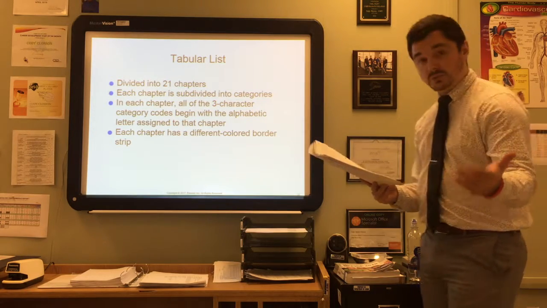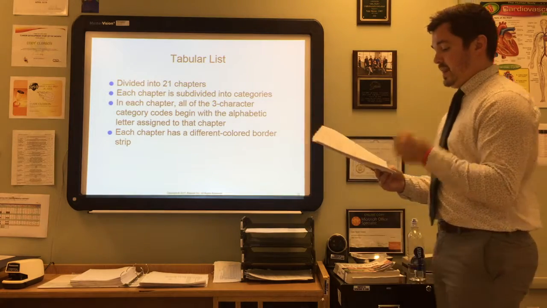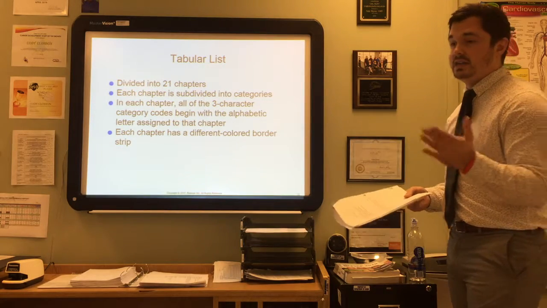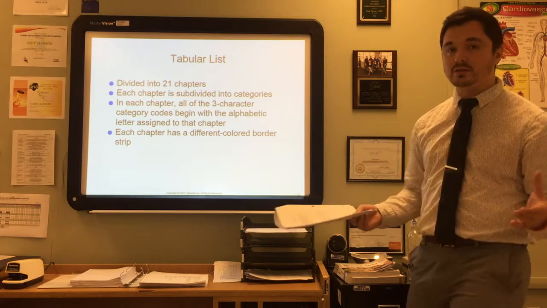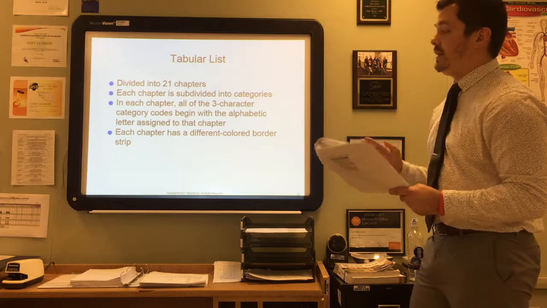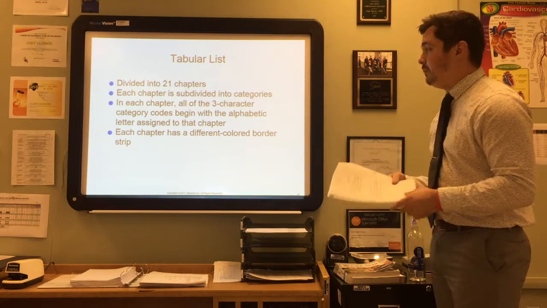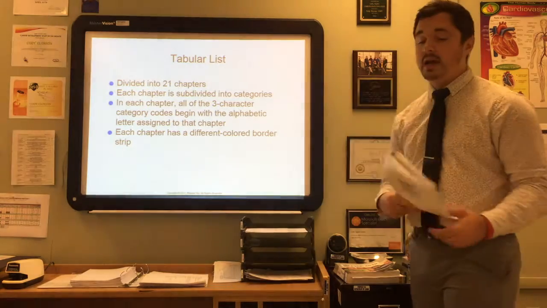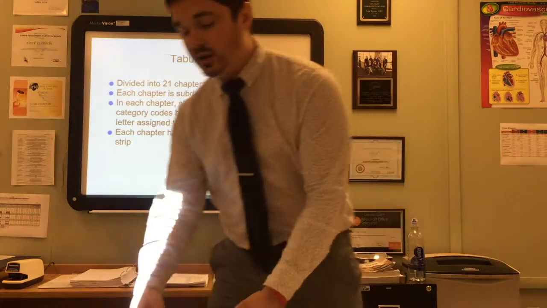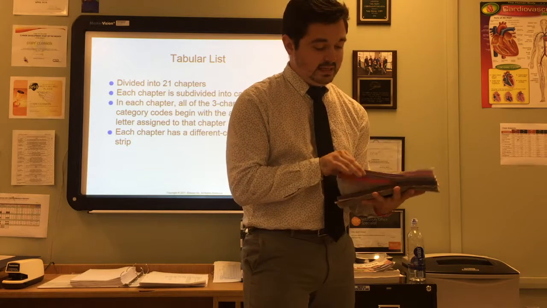If a code has more than 3 characters, however, add a decimal point after that 3rd character. So if it was I-10.02 or something along those lines, you need to make sure that you have a decimal after that 3rd character. Each chapter has a different colored bordered strip, as you see here through the ICD-10.